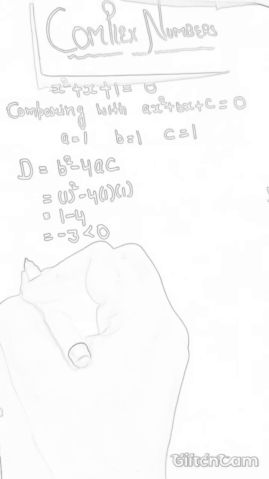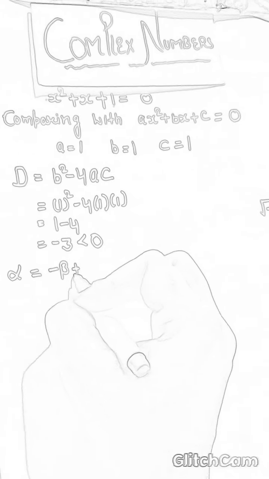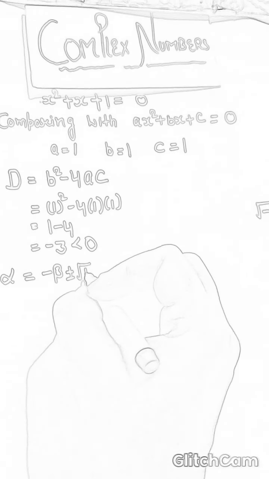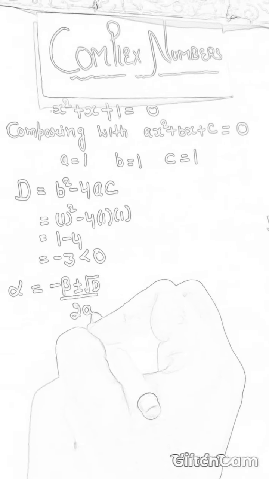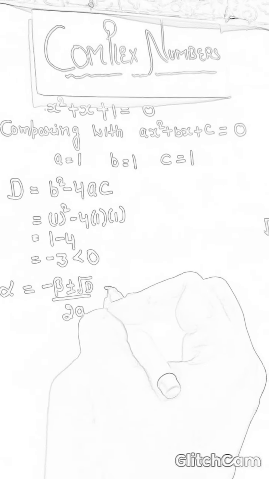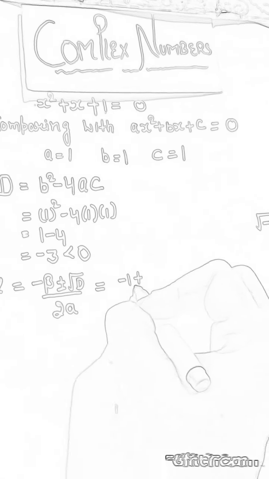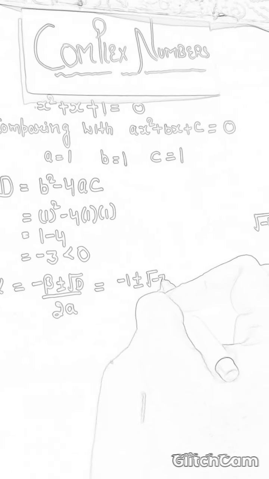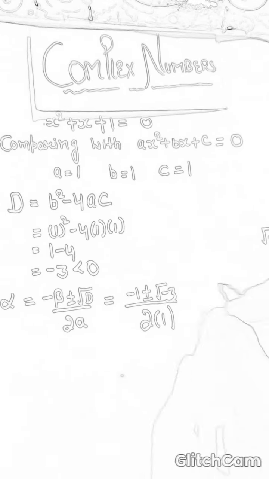Now, alpha is equal to minus b plus minus root D upon 2a. Now, put the values of b and D. b is 1, then minus 1 plus minus root of minus 3 upon 2 into 1.